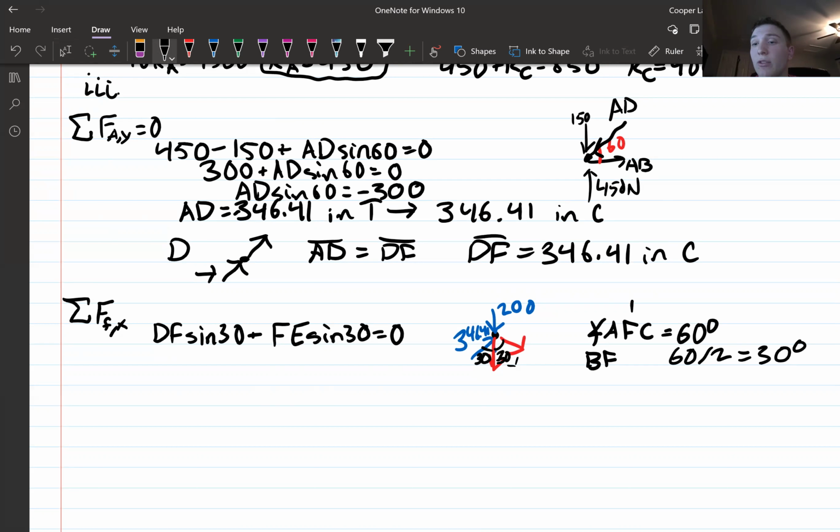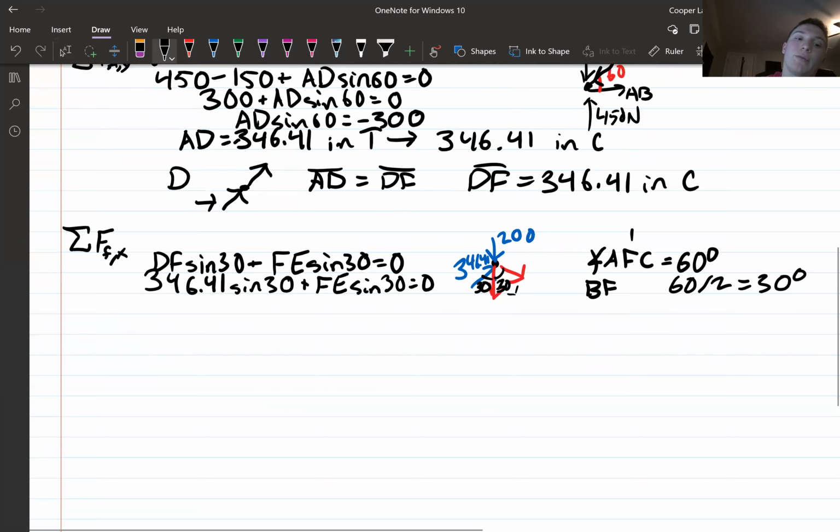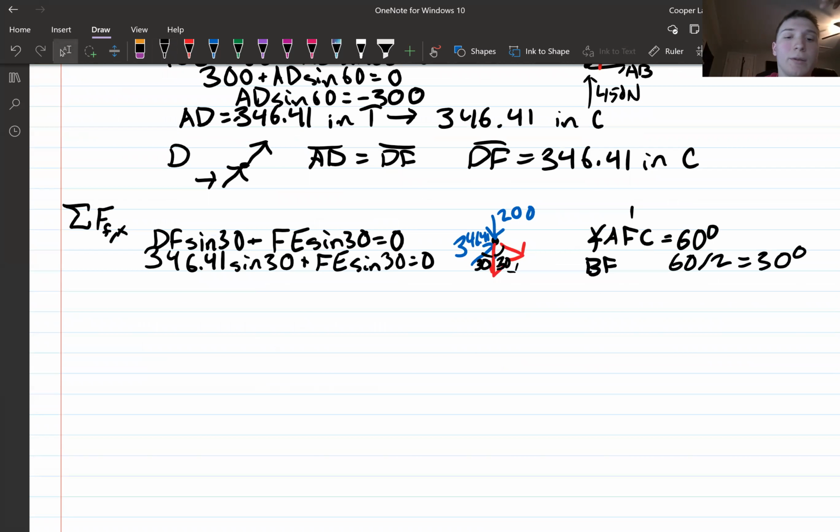So when I actually go to solve this out, I'm going to put in my substitutions. You can get 346.41 times sine 30 plus FE times sine 30 equals 0. So that brings me to my next part.